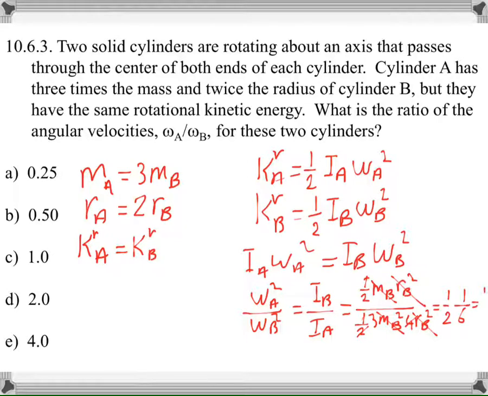And 1/12. So that means the ratio, well, this is the square of the ratio, then the ratio will be the square root of 1/12. What is the ratio of the angular velocities? Yes. Do we have an answer for that?